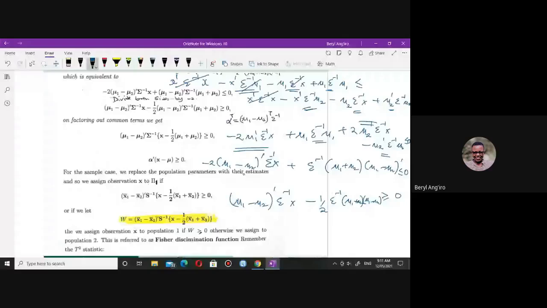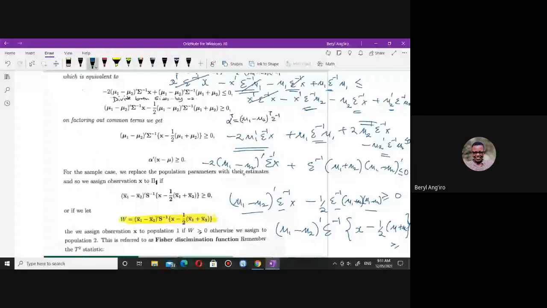Then (mu1 minus mu2) transpose is common, and also sigma inverse is common. So here we are remaining with x minus a half (mu1 plus mu2). This is greater or equal to 0.